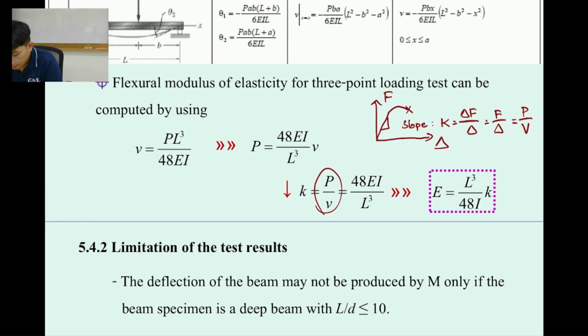Okay, all right, the Vmax equation is going to be equal to PL power 3 divided by 48EI over here.